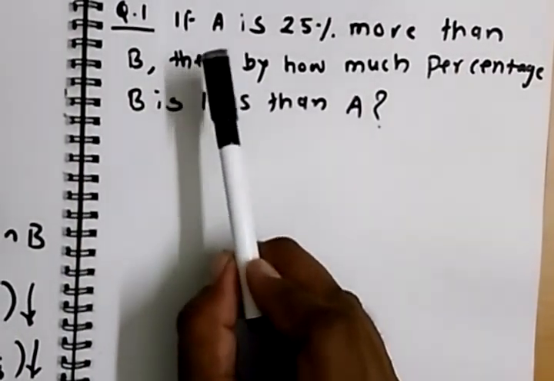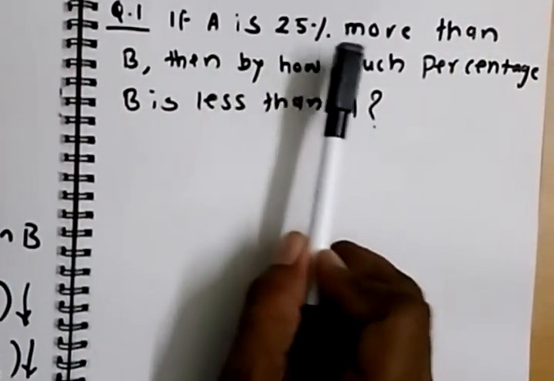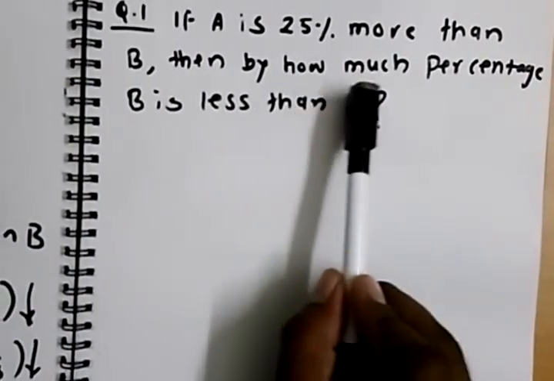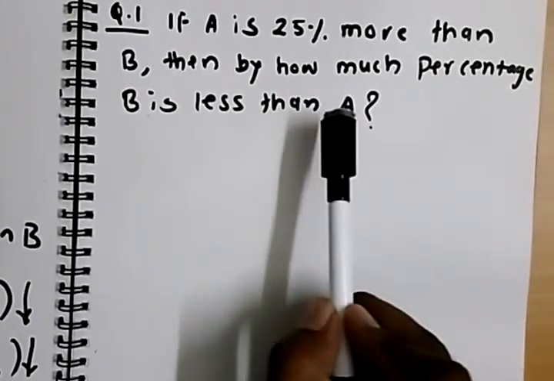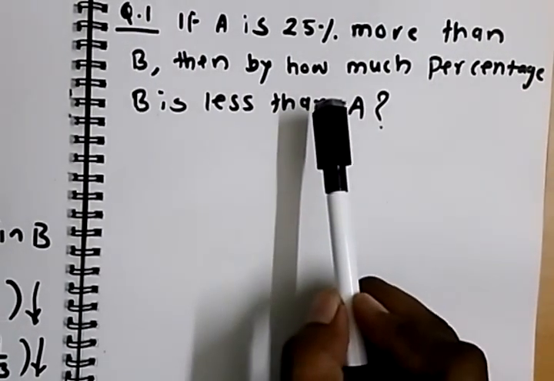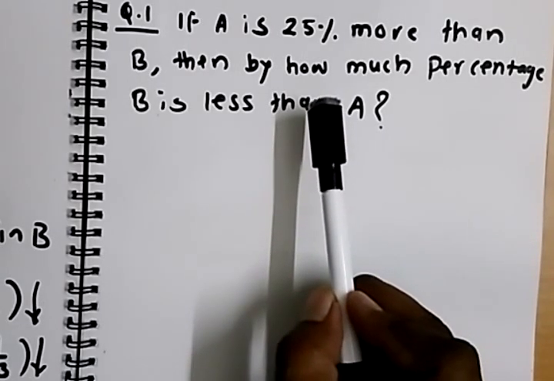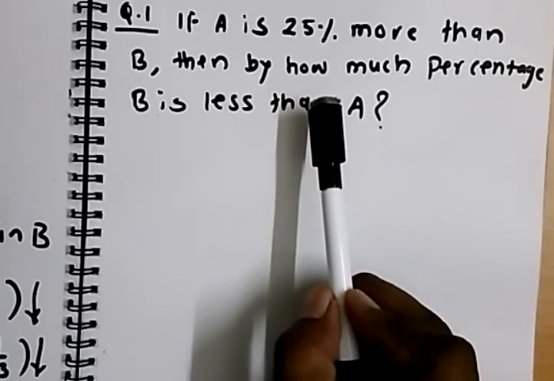Let's say A is 25% more than B, then by how much percentage is B less than A? This product stability concept can be used in a situation where two quantities are inversely proportional to each other, or wherever you see a product.